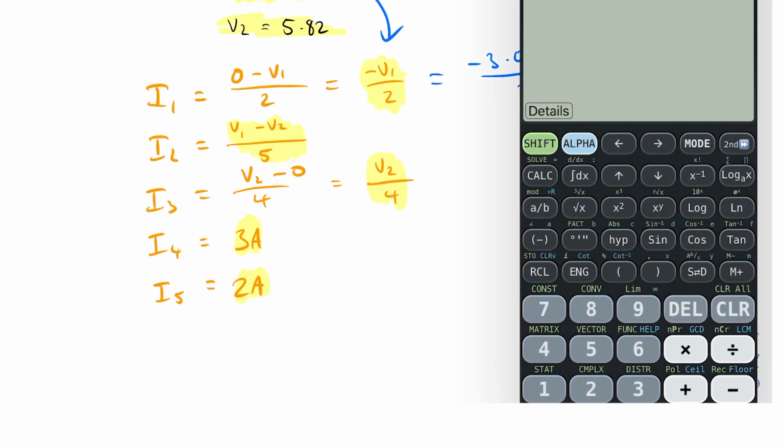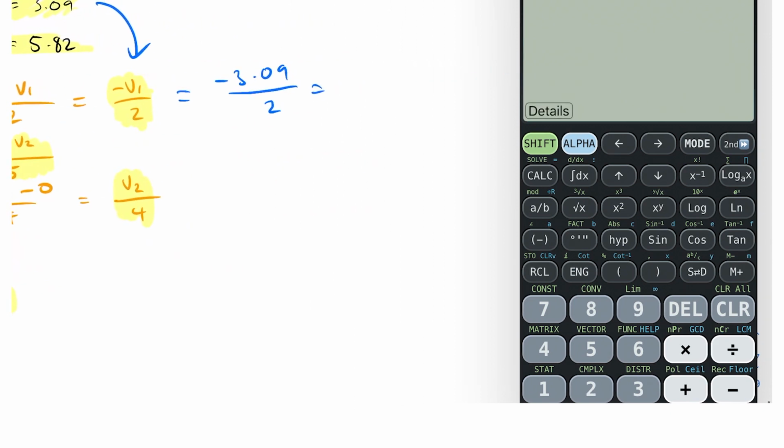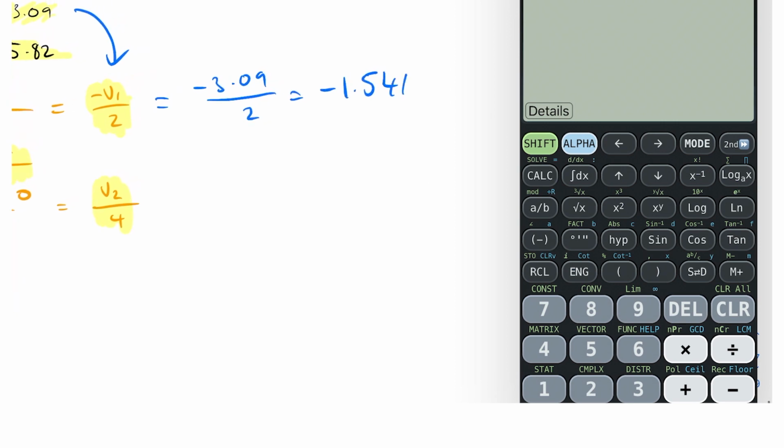So let's do that. Minus 3.09 divided by 2 is minus 1.545 amps, or 1.55 we could say.